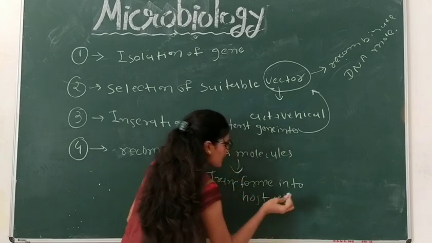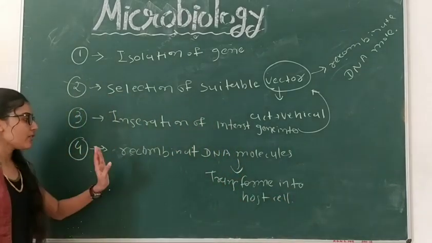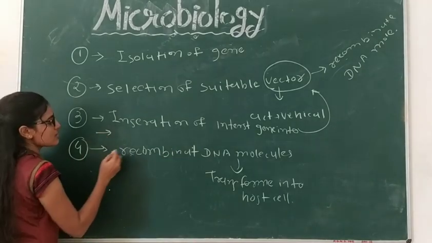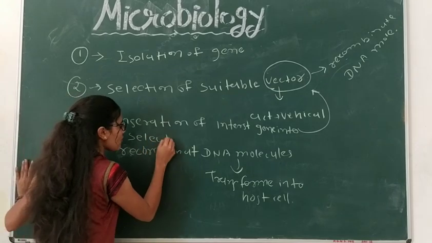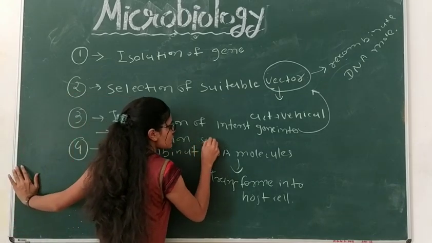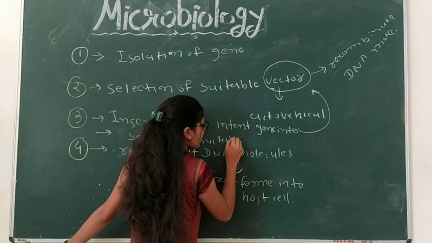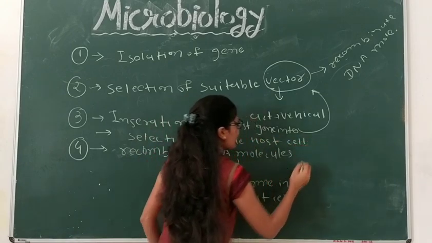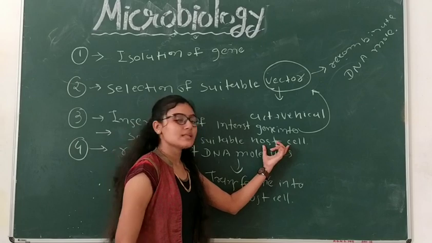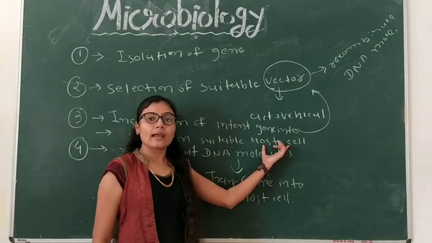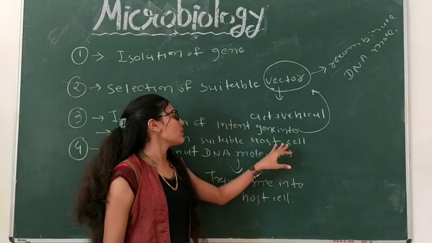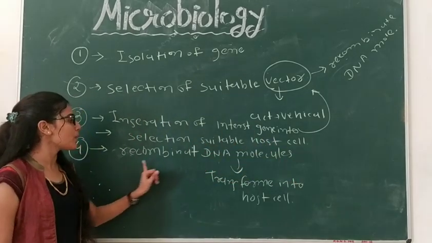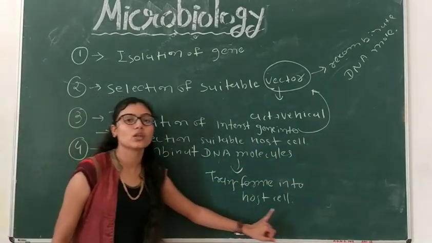That is called a bacterial cell. Okay. After transformation, now another step, selection of suitable host cell. Host cell means a cell that is able to replicate foreign genetic material. So a suitable host cell will be selected. After selection, recombinant DNA will be transformed into the host cell.